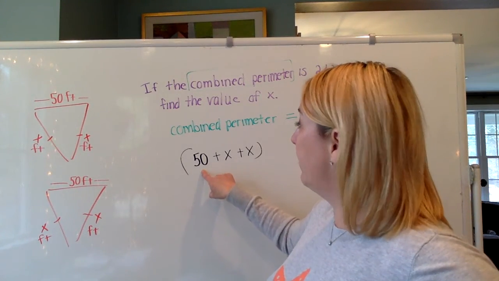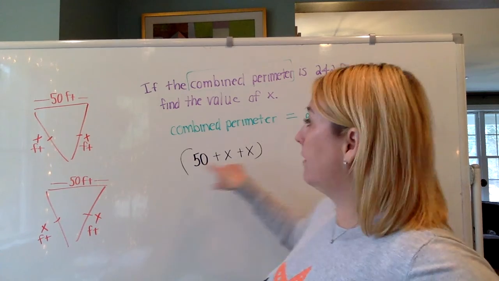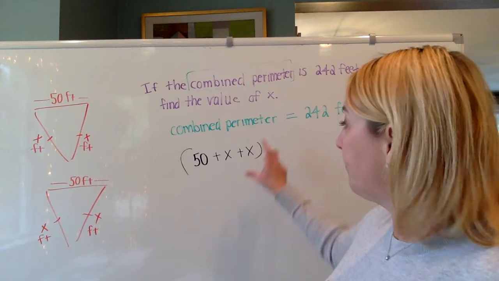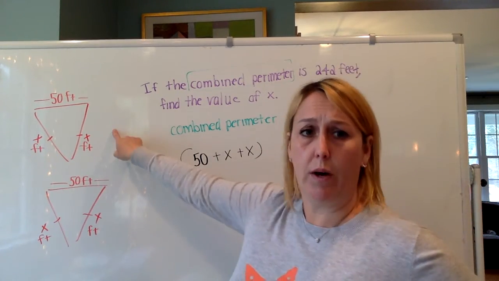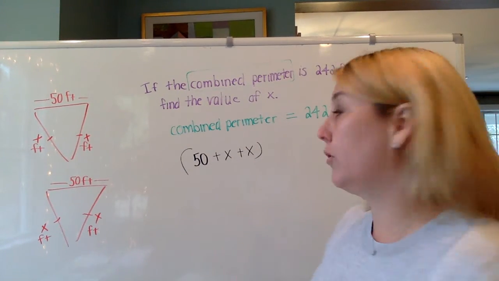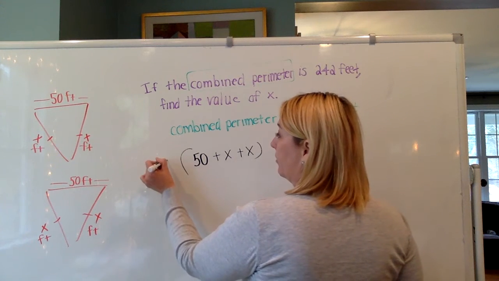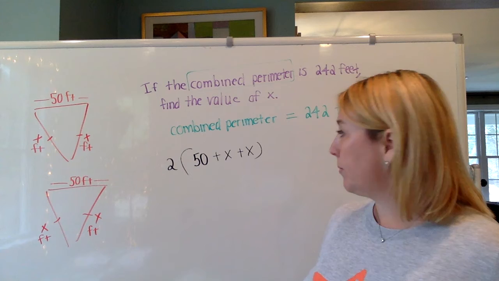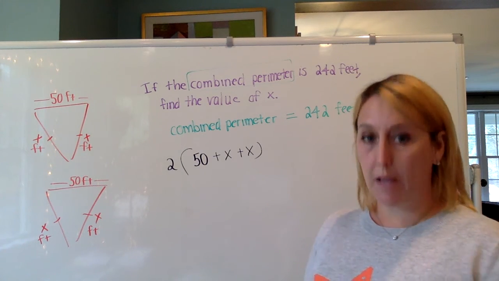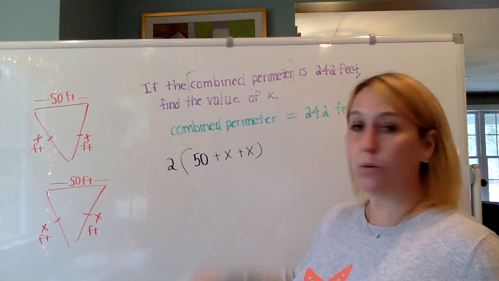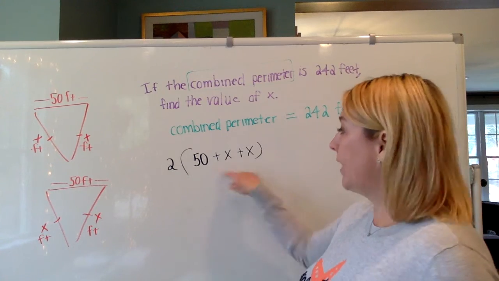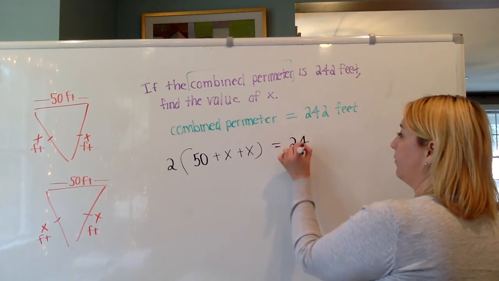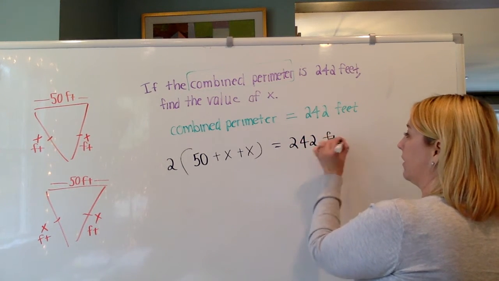So the base was 50, then you have to add the x of this side and add the x of that side. That's the perimeter of one triangle, but they're identical triangles, so there are 2 of them. I could have written out 50 plus x plus x plus 50 plus x plus x, but 2 times that perimeter is going to give me the same thing, and it's equal to 242 feet.